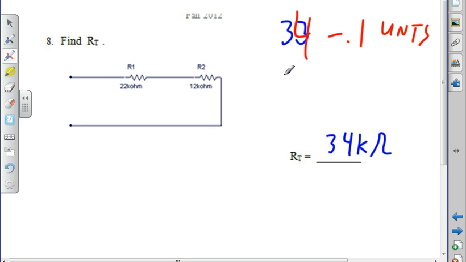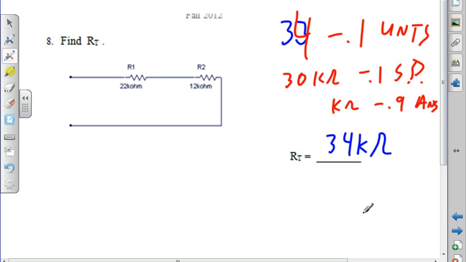You put down 30K ohms minus 0.1 significant digits. So I can always find some reason to take something off. Put K ohms down. If you put K ohms, minus 0.9 answer. Something like that.